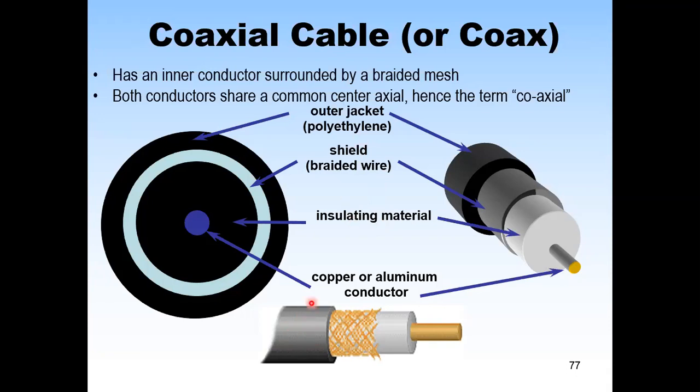It has an inner conductor surrounded by a braided mesh. This is your braided mesh. Both conductors share a common central axis, hence the term coaxial cable.